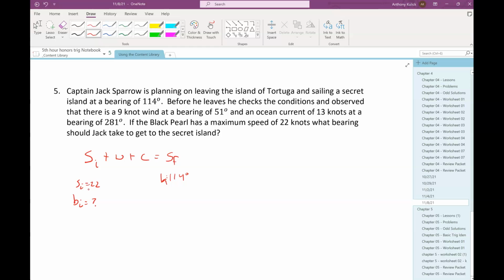Feels like I have too many variables. Let's think about this for a second. Maybe I just worded this question really awkwardly. That's kind of what I'm leaning on.